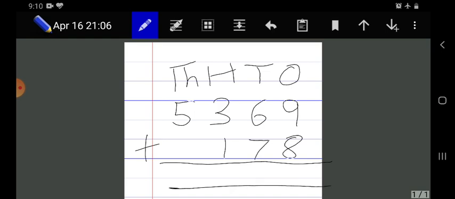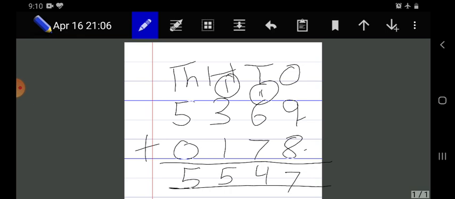9 plus 8 is equal to 17. 1 will be carry. 6 plus 7, 13 plus 1, 14. 1 will be carry here also. 3 plus 1, 4 plus 1, 5. And 5 over here. As there is nothing, we suppose it as a 0.